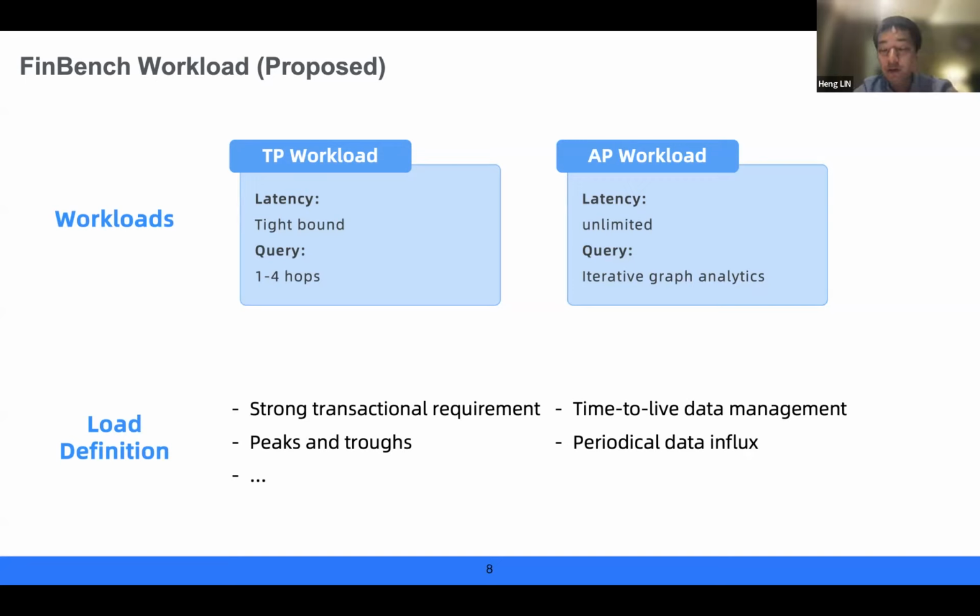The AP workload will be much more complex, the latency is unlimited, and the queries are about interactive graph analytics. In this work, we start from the TP workload first, and the workload definition has strong transaction requirements, time to live data management, and also peak and sort or carrier data influx.